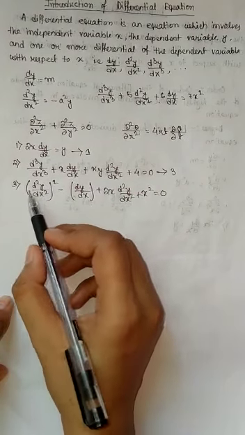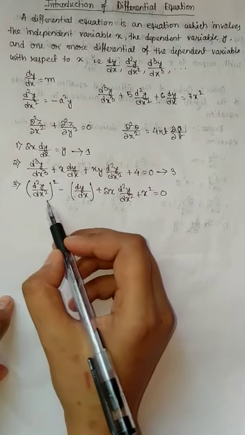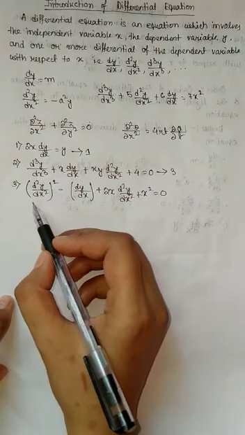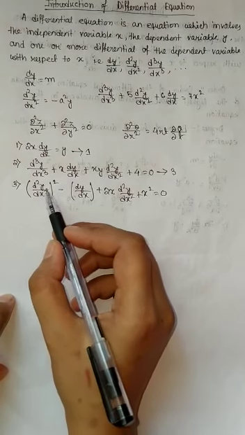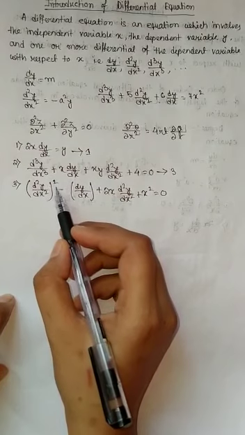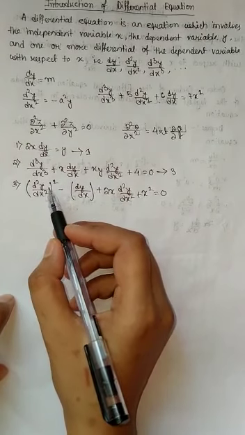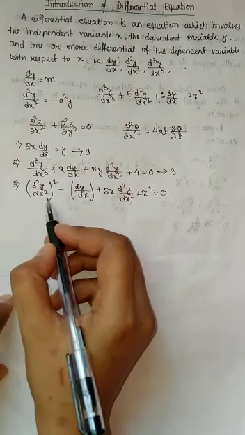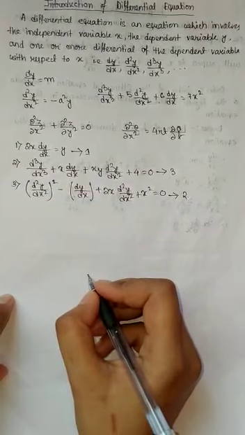Now see the first term, (d2y/dx2) whole square. If you consider it as d4y/dx4, then it will be totally wrong. Note that this power does not play any role in computing the order of the differential equation. So the order is 2.